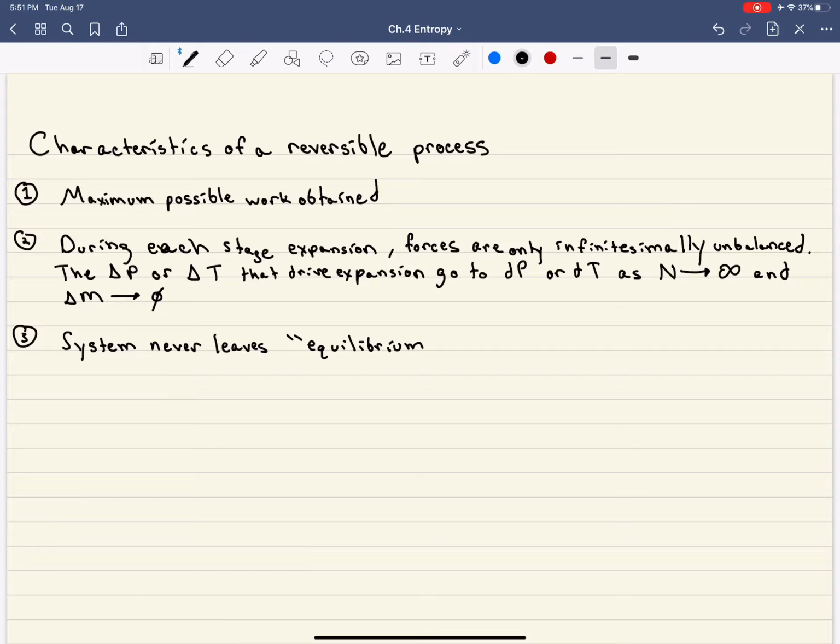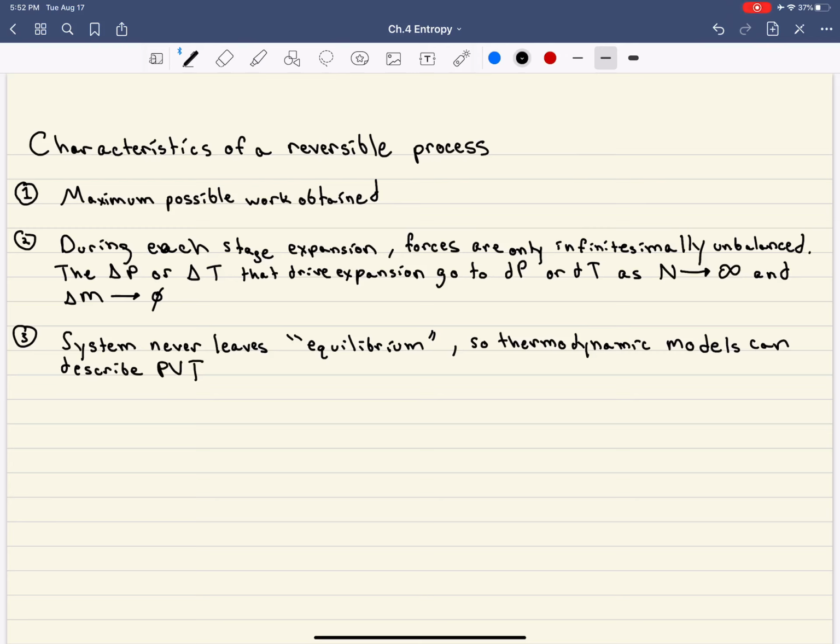And because the system never leaves equilibrium, that allows us to use our thermodynamic models to describe different properties, such as pressure, volume, or temperature. So thermodynamic models can describe PVT.